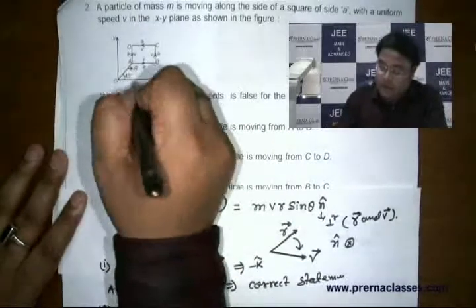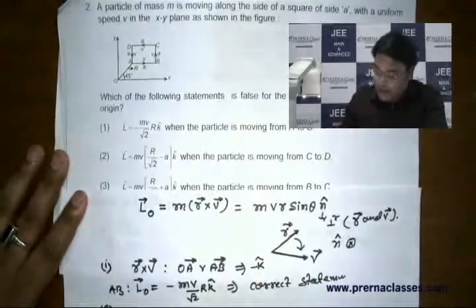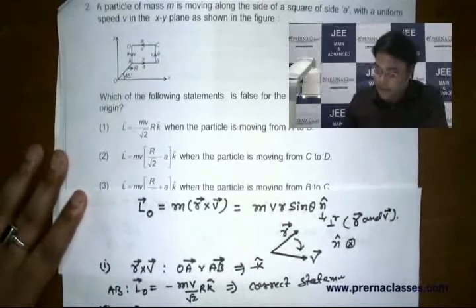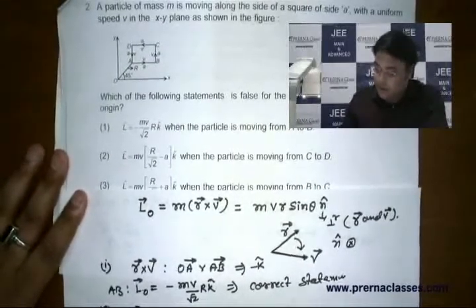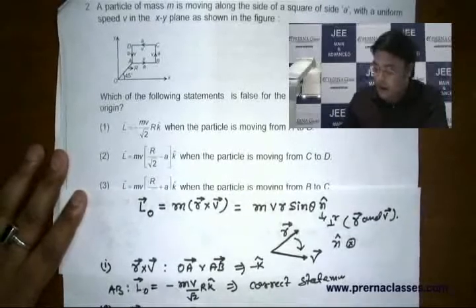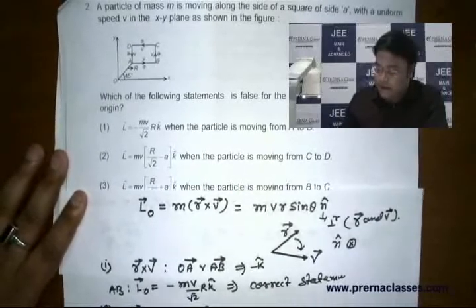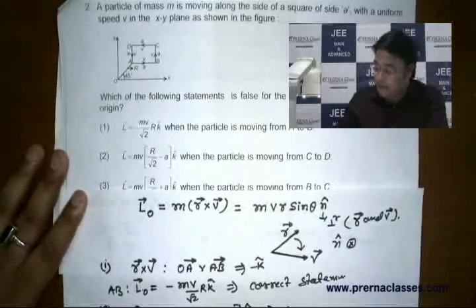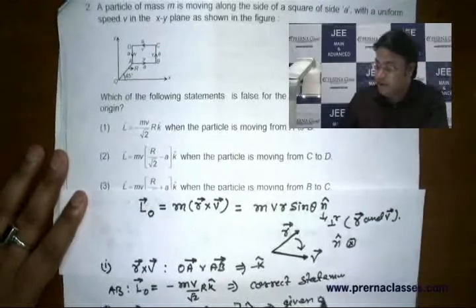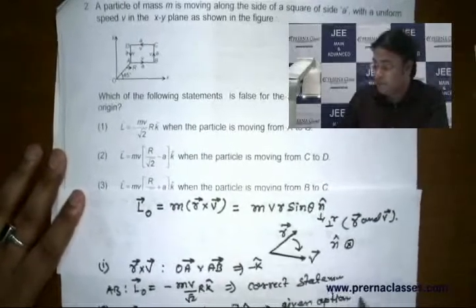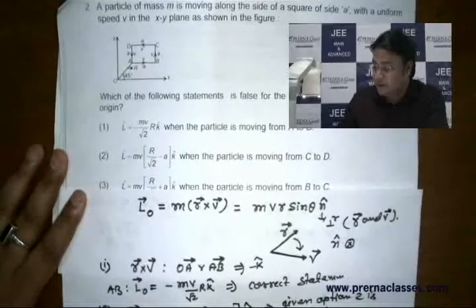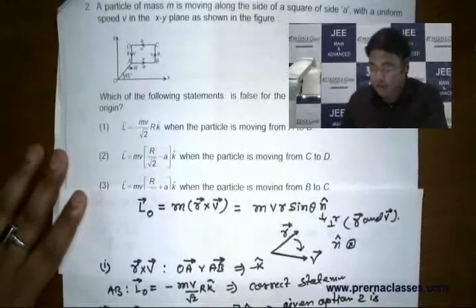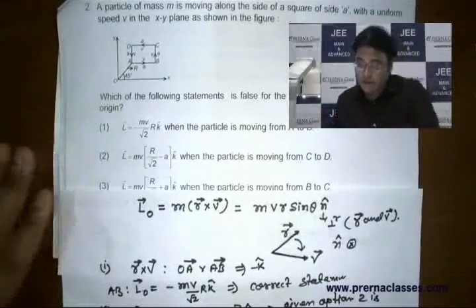But the perpendicular distance here is plus. So the actual angular momentum about O for the C to D path is mvr by root 2 plus k cap. That implies the given option 2 is false. Clear? So you have to mark the second option.